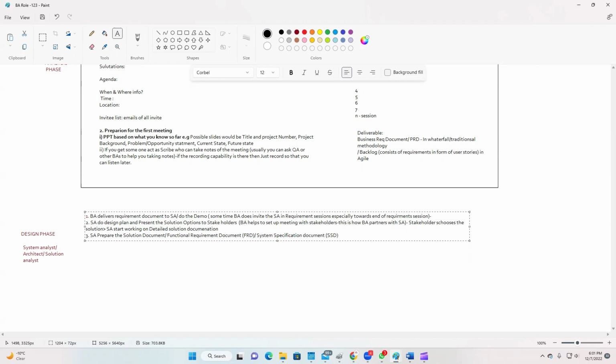Okay, and then they overview that document with stakeholders and the dev and QA team.